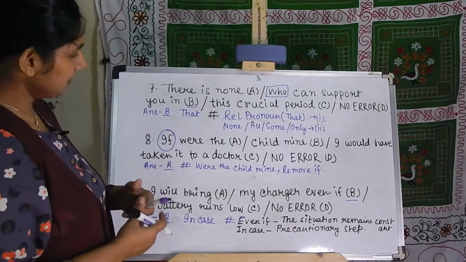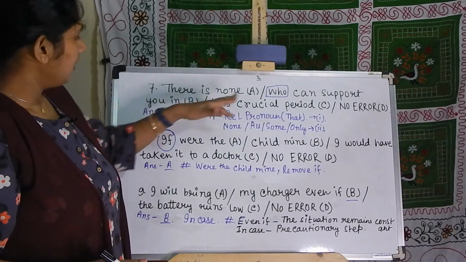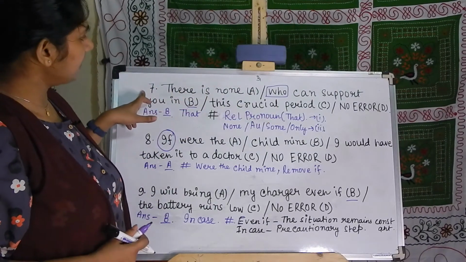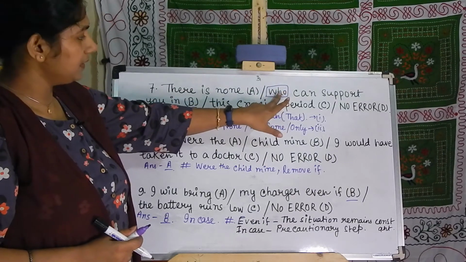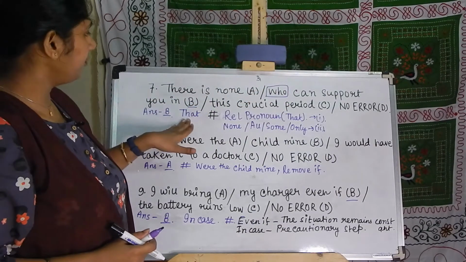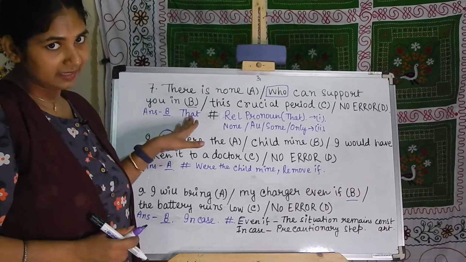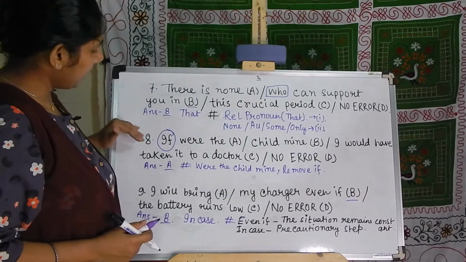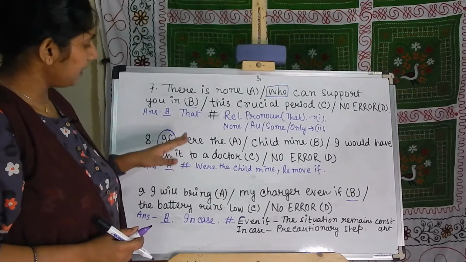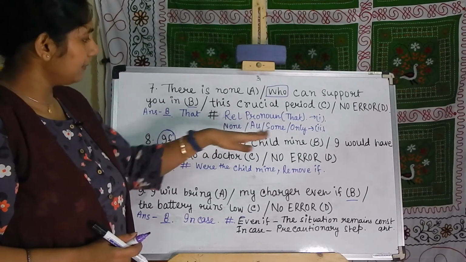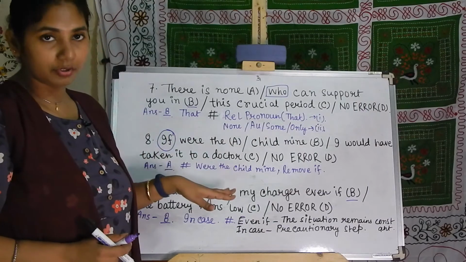So, I am repeating here once again. Question number 7, who is the problematic part, and instead of who you have to write that. Question number 8, if has to be removed, and instead you have to write were the child mine, I would have taken it to a doctor.